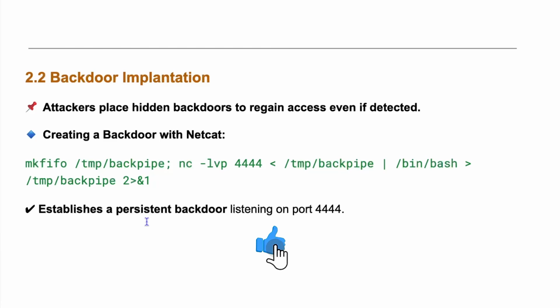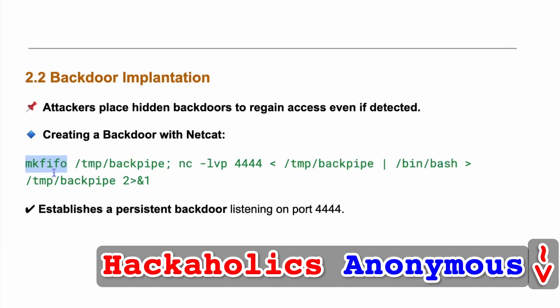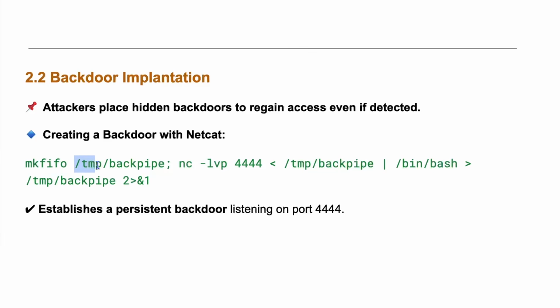Backdoor implantation was actually another attack type that we covered inside of the Linux privilege escalation video. And mkfifo, make first in, first out, creates a pipe, right? And then it creates it in this location. And then the netcat listener. So in this particular case, this machine is implementing a netcat listener on port 4444.